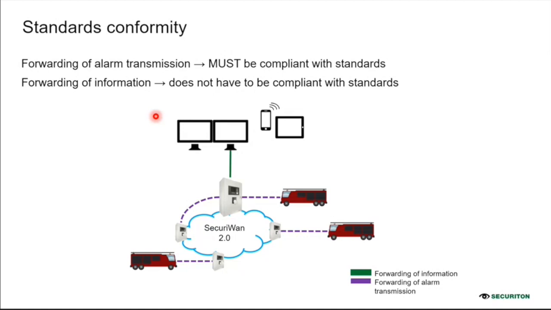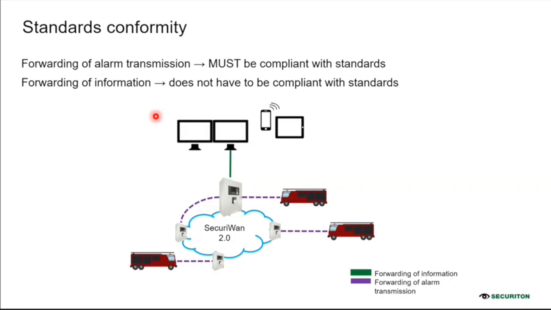Whenever we need to forward the information to the fire brigade, we have to be sure that we are complying with the standards. That means even when we realize SecuriWan, we need to have a redundant connection through the panels. Otherwise, it is just an informative connection, not a normative connection.